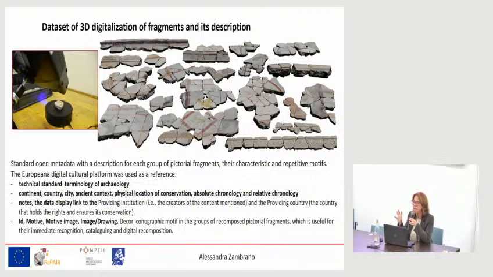So we create the metadata for the fragment in this way. In this part of the project, the archaeologists give the support to identify all this information. And as a reference, we try to follow the Europeana digital cultural platform.